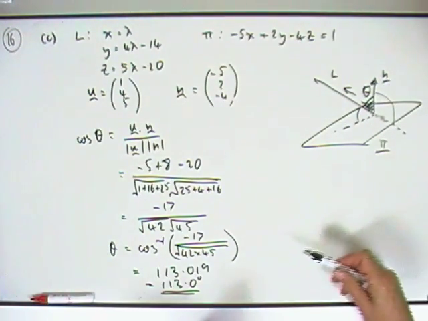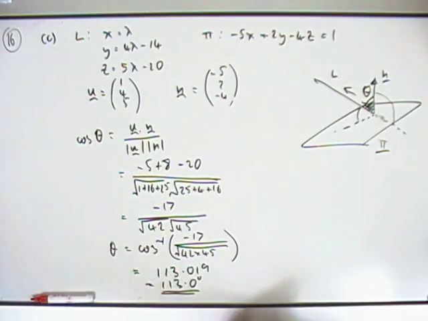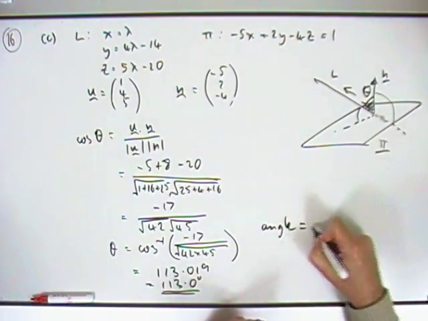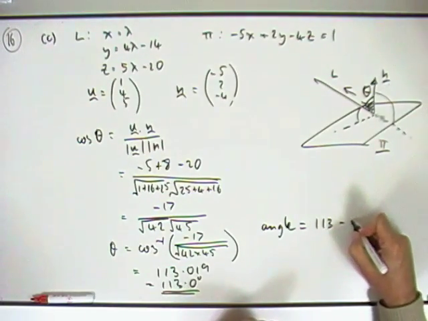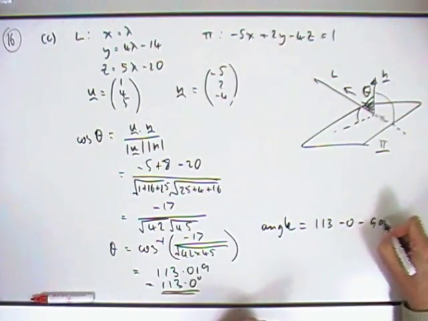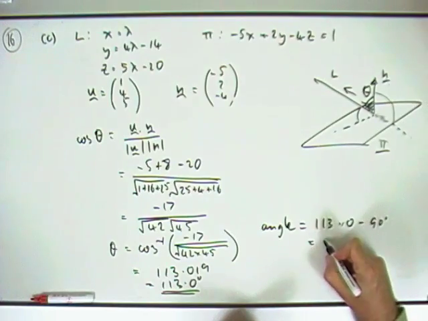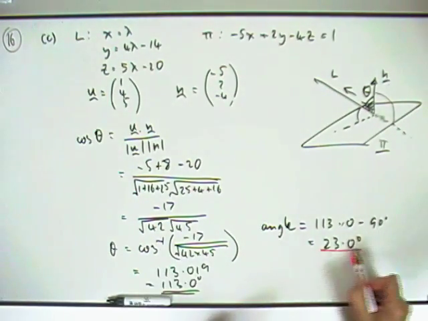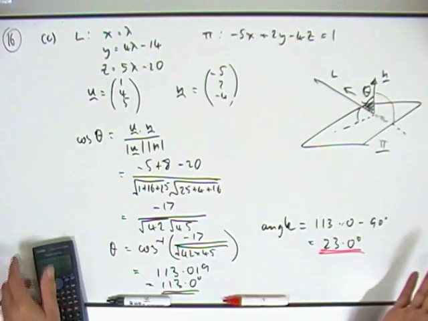So the acute angle I actually want is going to be, you still take away 90 from it, so the actual angle required will be 113.0, take away 90, which is going to be 23.0 degrees. That's it.